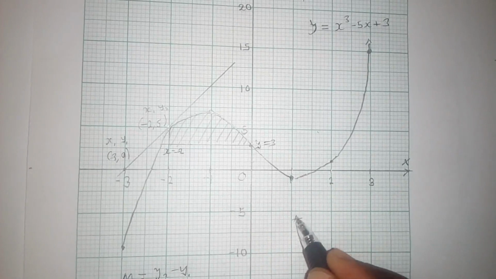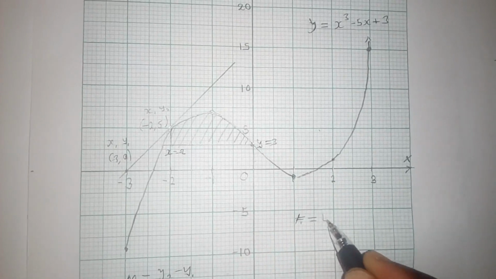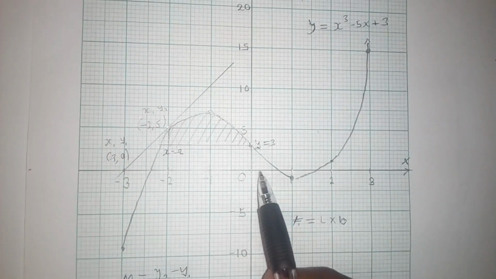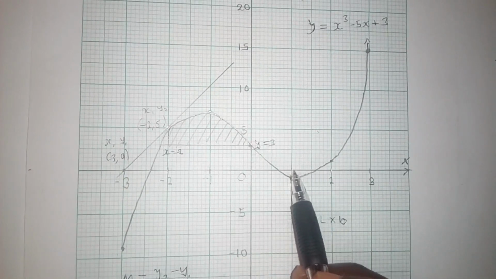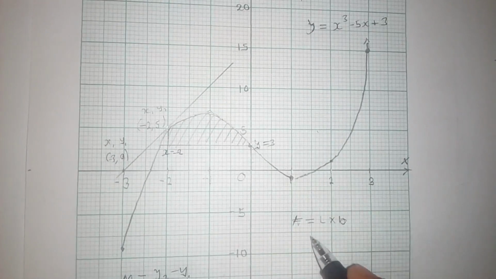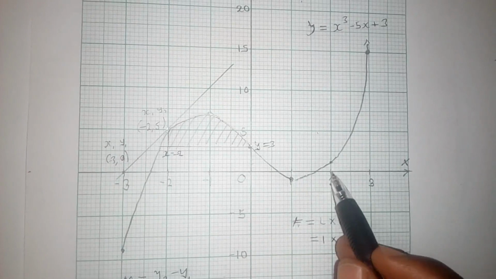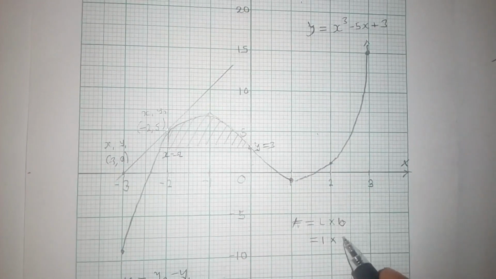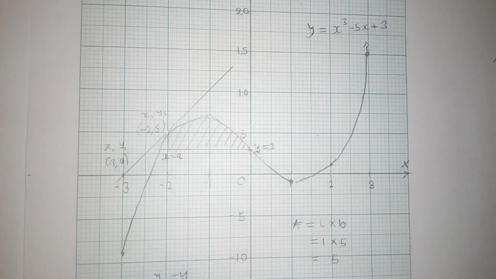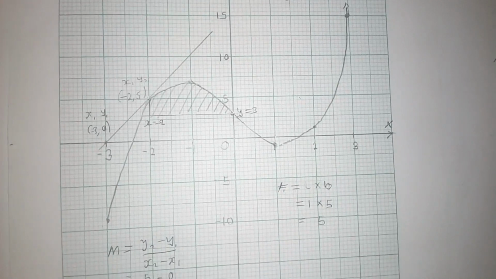So area of each box is equal to L times B. This is a rectangle. For example, this box, from here to here the distance is 1, times from here to here up, it's 5. So the area of each full box is 5.